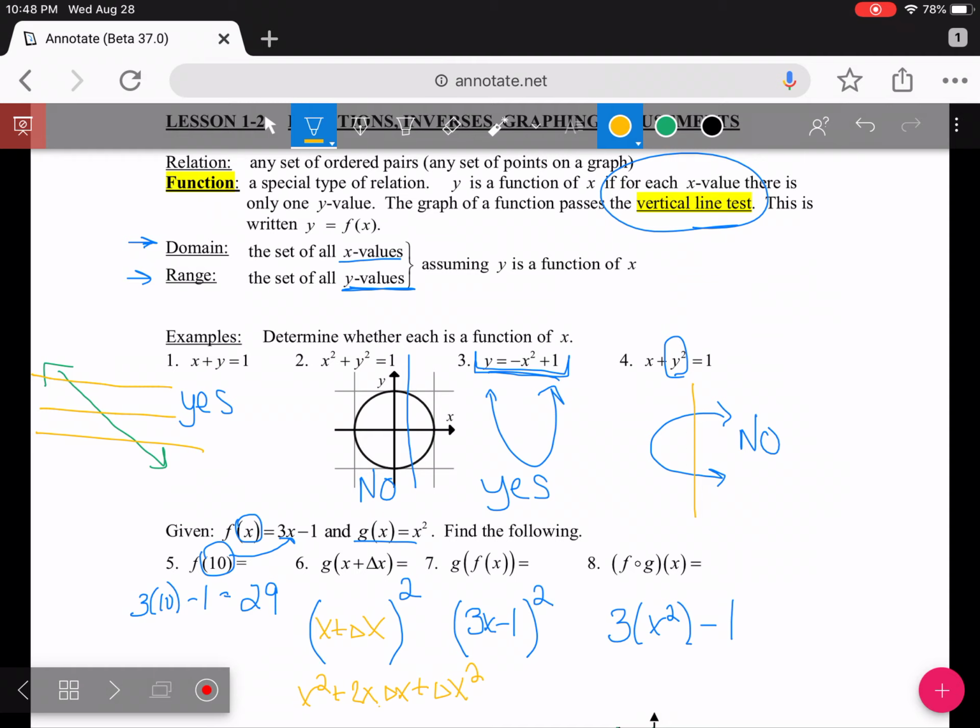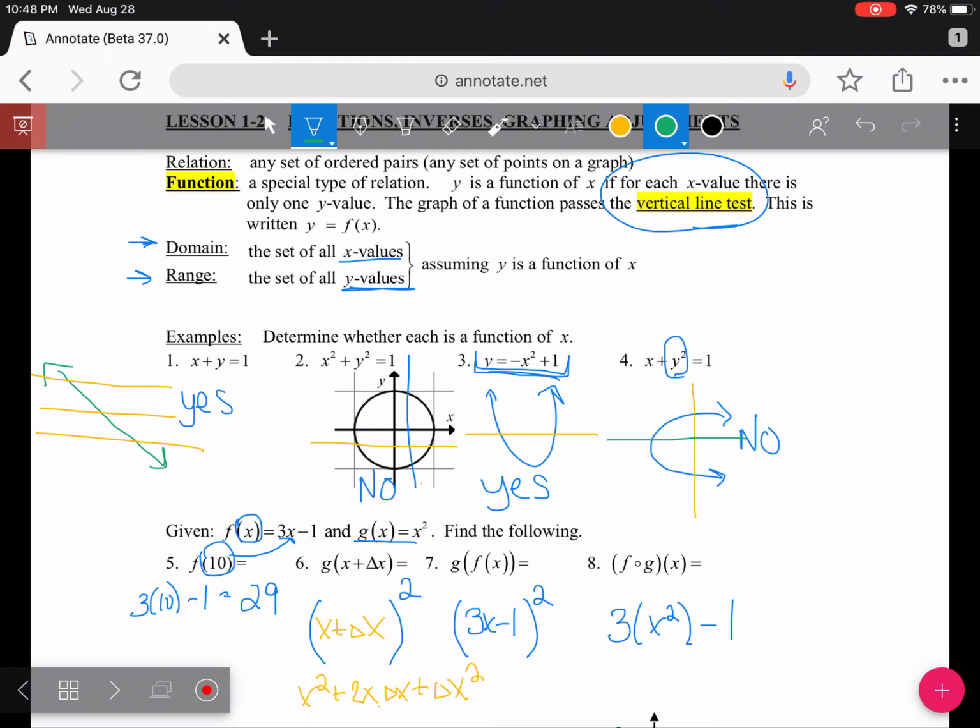Okay, what about this one? Well, this wasn't a function to begin with. That doesn't mean that it can't have an inverse, but in this case, it fails miserably at the horizontal line test, so this one cannot have an inverse. Again, this one fails the horizontal line test, so it does not have an inverse. But look at this one. This one actually does have an inverse because it passes the horizontal line test, which makes sense. It's a parabola on its side.